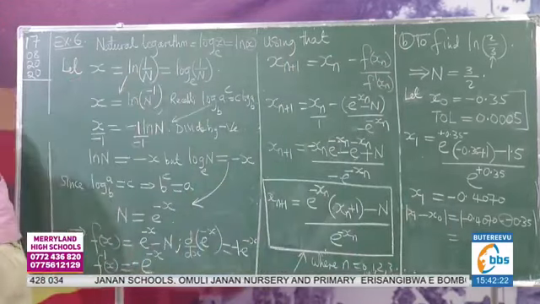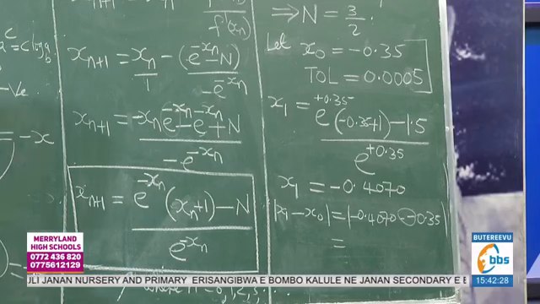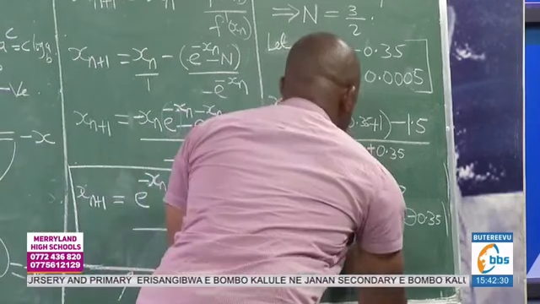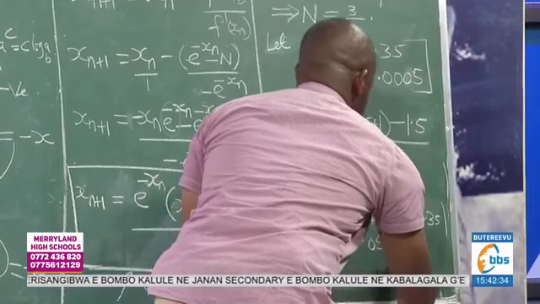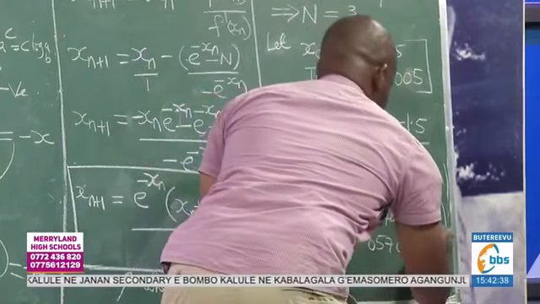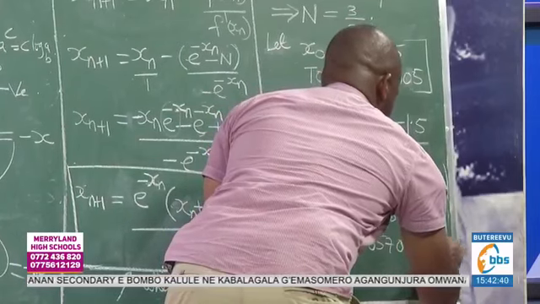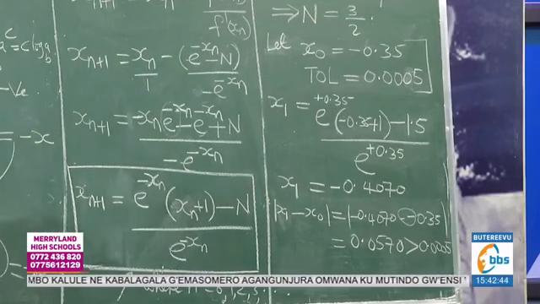You are checking, is it converging yet? It will give you a value of 0.0570, which is still greater than our tolerance value. That means that we need to take it one more step.